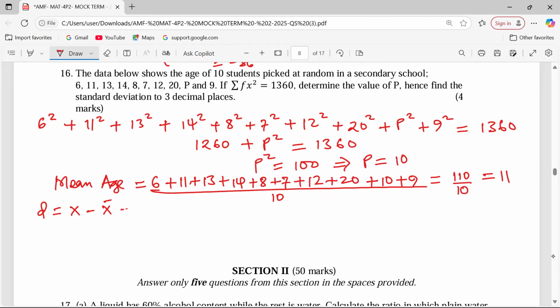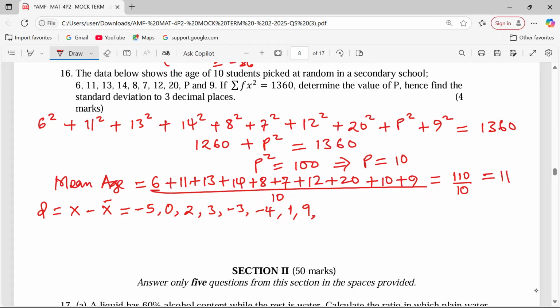So all the deviations can be tabled here. 6 minus mean, -5. 11 minus 11, 0. 13 minus mean, 2. 14 minus mean, 3. 8 minus mean, -3. 7 minus mean, -4. 12 minus mean, we get 1. 20 minus mean of 11, we get 9.